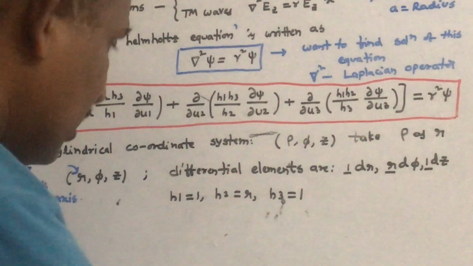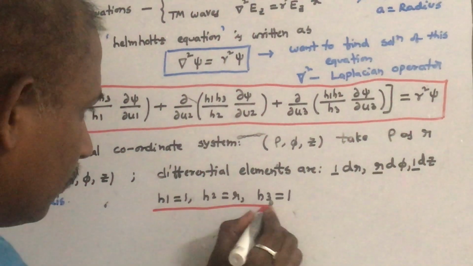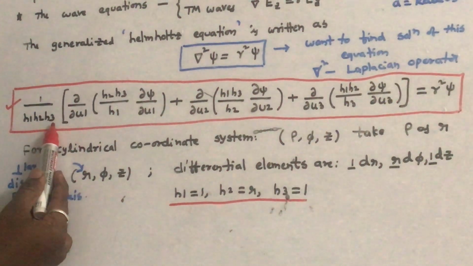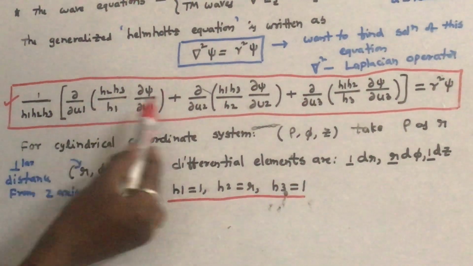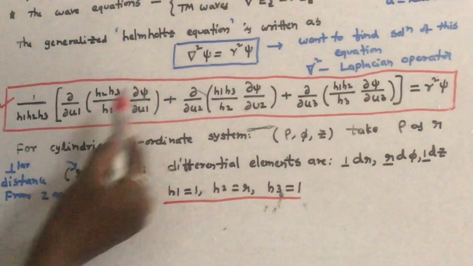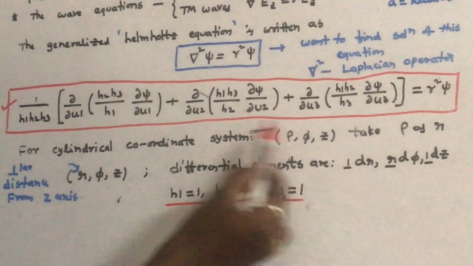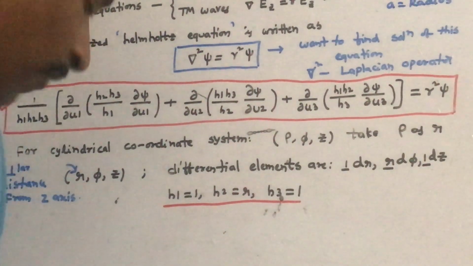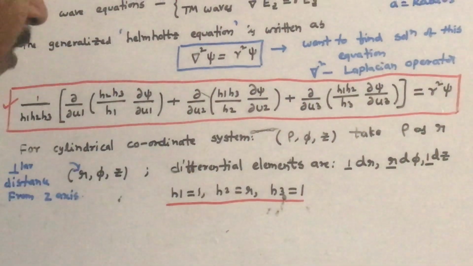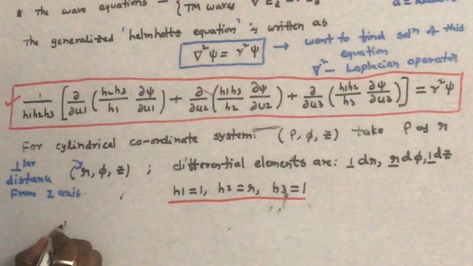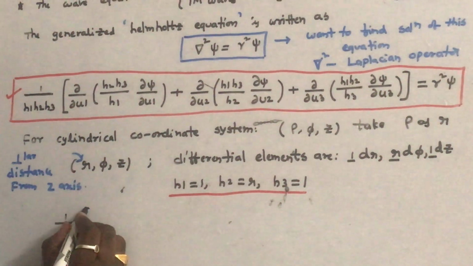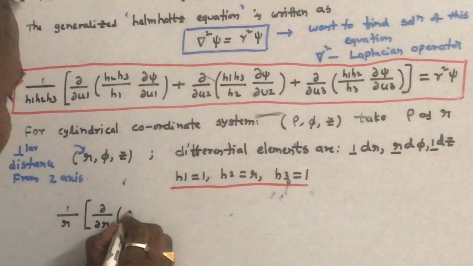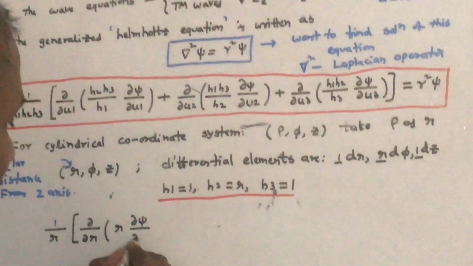Make these substitutions in this equation. Substitute h1 is equal to 1, h2 is equal to r, h3 is equal to 1. So here r, phi, z: in place of u1 r, in place of u2 phi, in place of u3 z. After substituting these terms, this equation will become 1 by r into dou by dou r of r into dou psi by dou r.